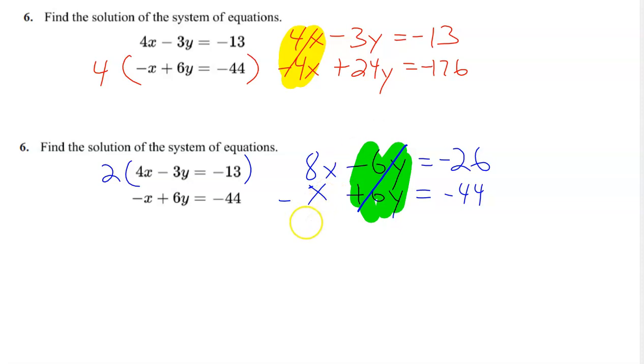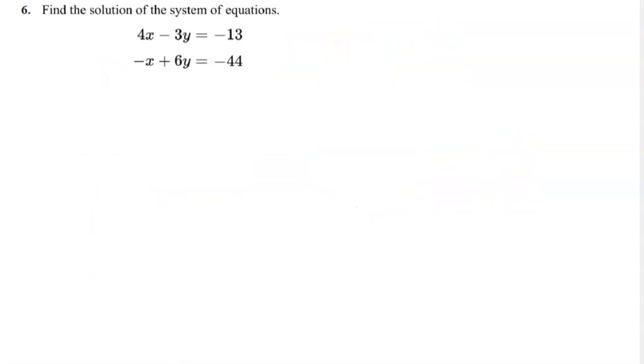Okay, and after doing this, I saw how big this number was and decided, let's just go with this one right here. So I'm going to multiply by 2 here. And I'm going to work it out step by step here. So make sure you write this down. I've got 2 times the top equation, so I can get negative 6y, so I can eliminate. So positive times a positive is a positive, and then 2 times 4 is 8.